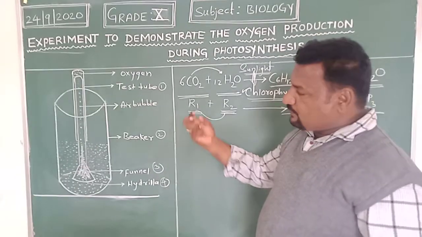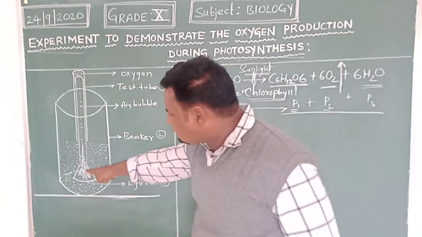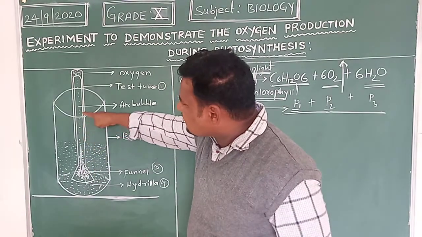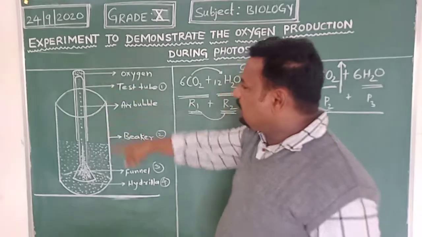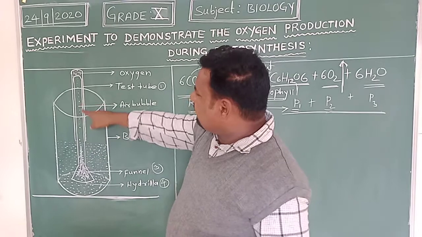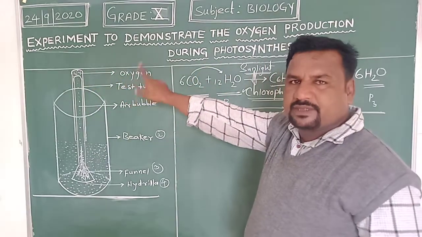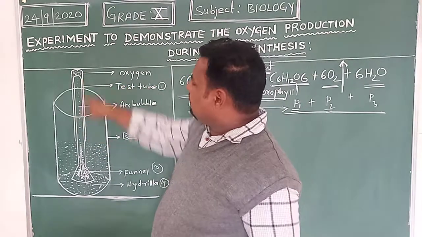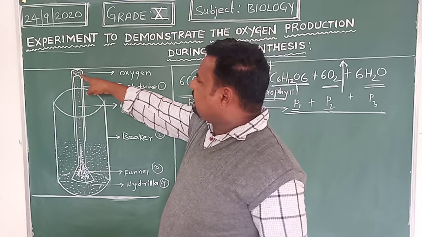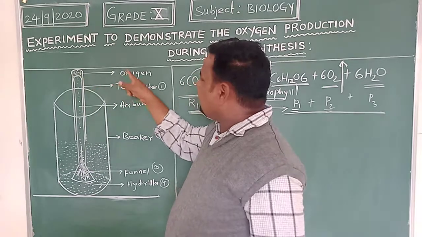After a few minutes, we start observing air bubbles coming from the hydrilla twigs, and they move towards the top of the test tube. The bubbles finally get collected at the top of the test tube, and that we say is oxygen.